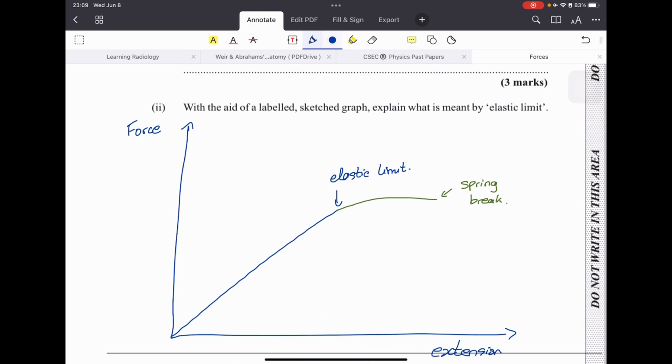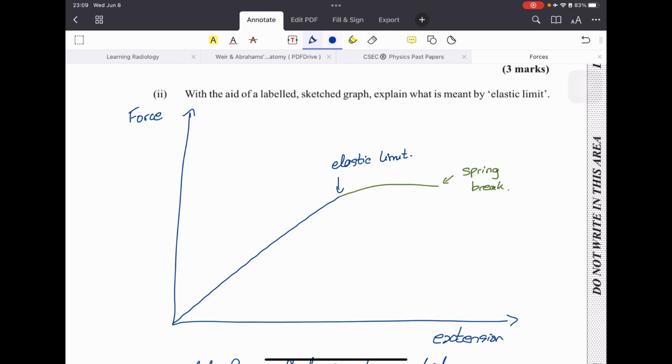Okay, so as long as you remove the weight before the elastic limit has been surpassed, the spring will go back to its original shape. Okay.